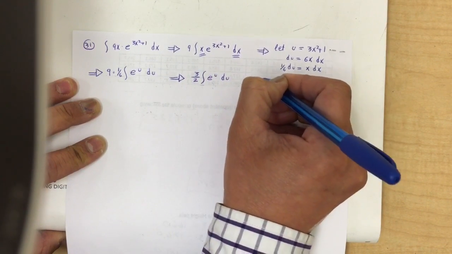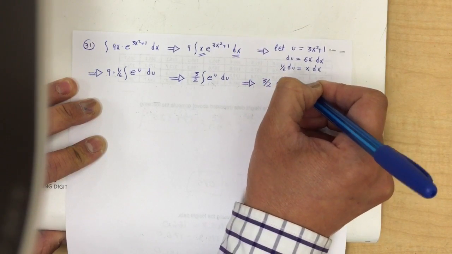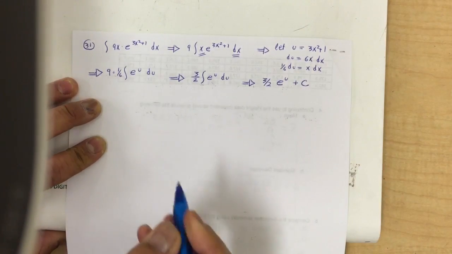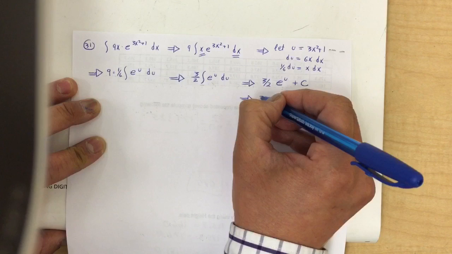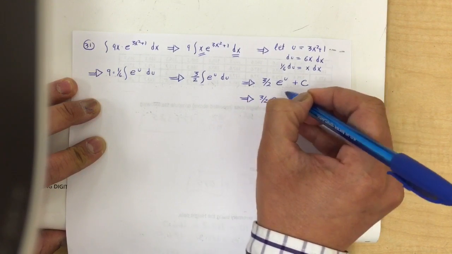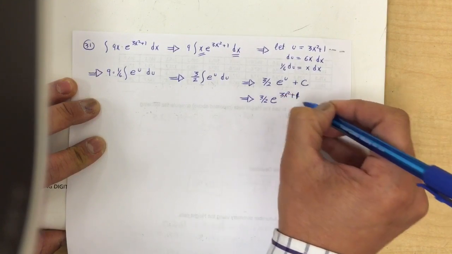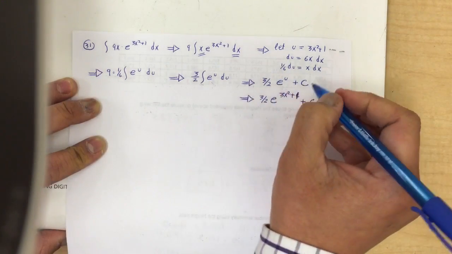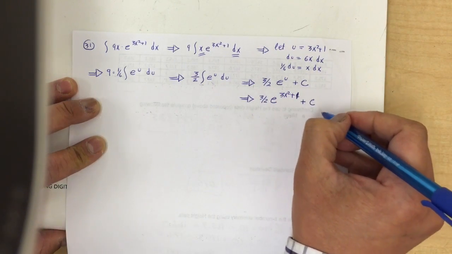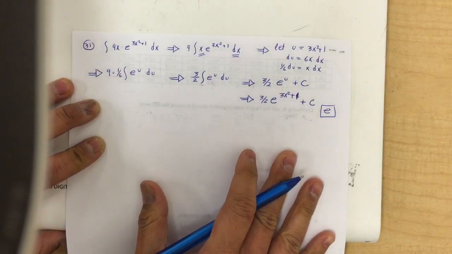The antiderivative of e to the u is e to the u, and then we add c, and now we plug in what u is. So u is 3x squared plus 1, plus c, and that is our answer, which is option E. So option E is the answer choice for 31.